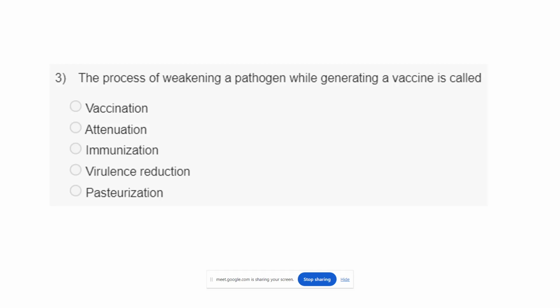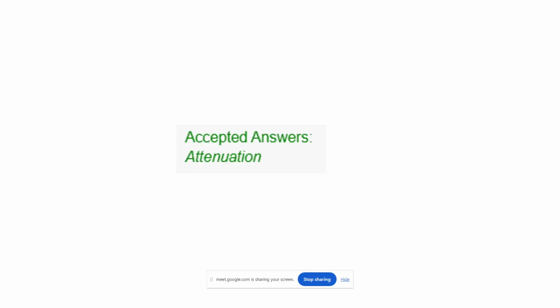Okay. Okay, so this is a straightforward question, and all of you are correct. It is attenuation. So, attenuation is the process of weakening the pathogen to generate a vaccine.